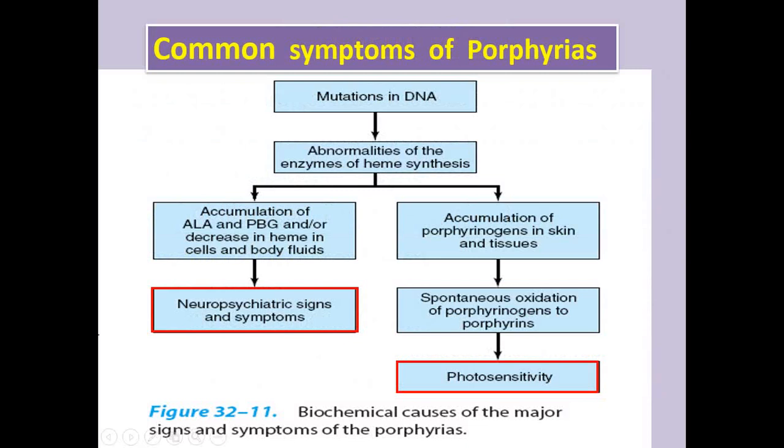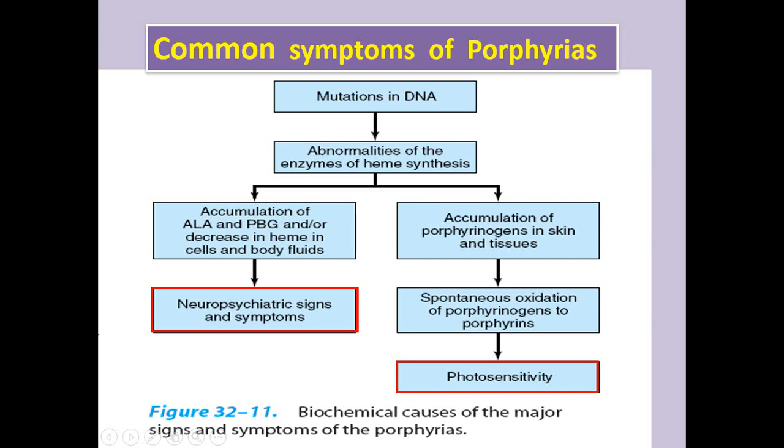Common symptoms of porphyria: abnormalities of the enzyme of heme synthesis, accumulation of ALA or PBG or decrease in heme synthesis in the cell or body fluids causes neuropsychiatric signs and symptoms.